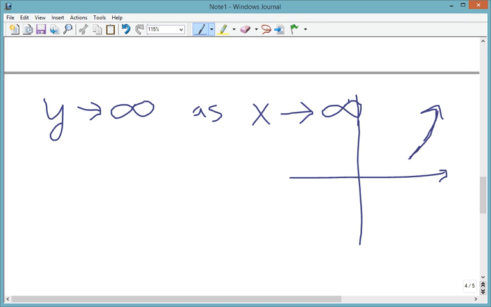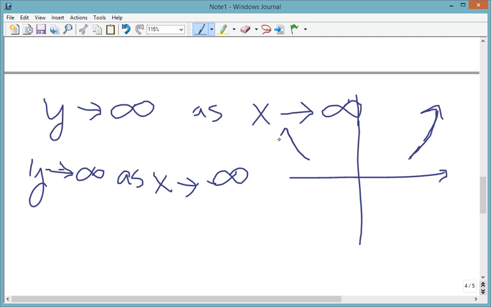And if we said y goes to infinity as x goes to negative infinity, that would mean somewhere out here it's going up, which would happen with any even degree polynomial. Now in the middle it might do all kinds of things, but in the end it will go up on the two ends. That's what we talk about as the end behavior.